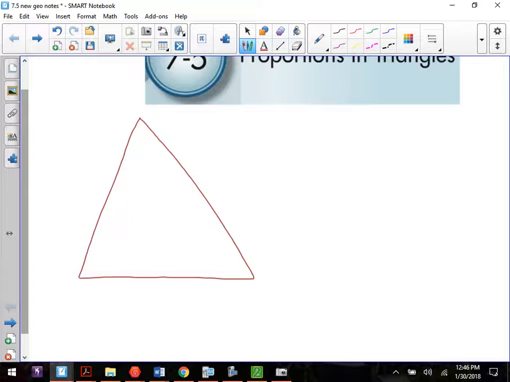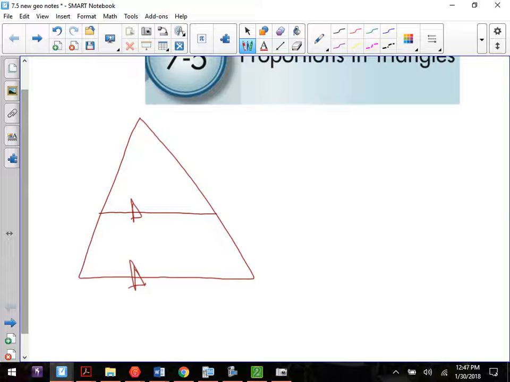and then I draw a segment inside the triangle that's parallel to one of the sides. That segment on the interior of the triangle doesn't necessarily have to be running into a midpoint or anything like that. All it has to be is parallel to one of the other sides. So it could be horizontal, it could be on one of the sides on the diagonals, it doesn't matter.